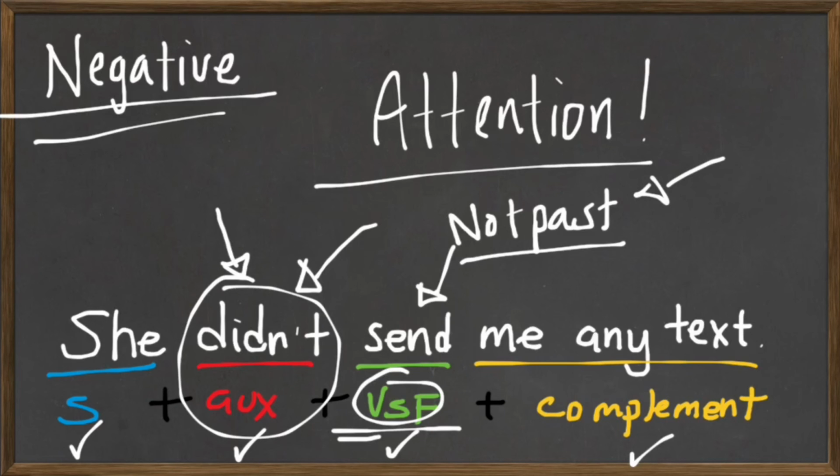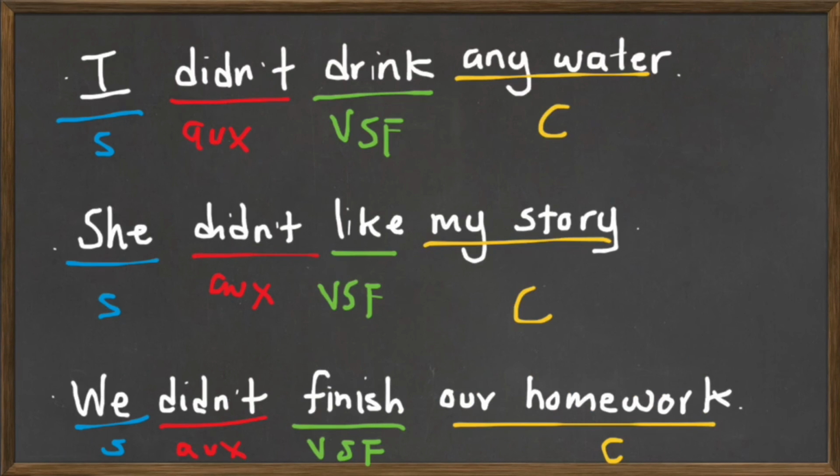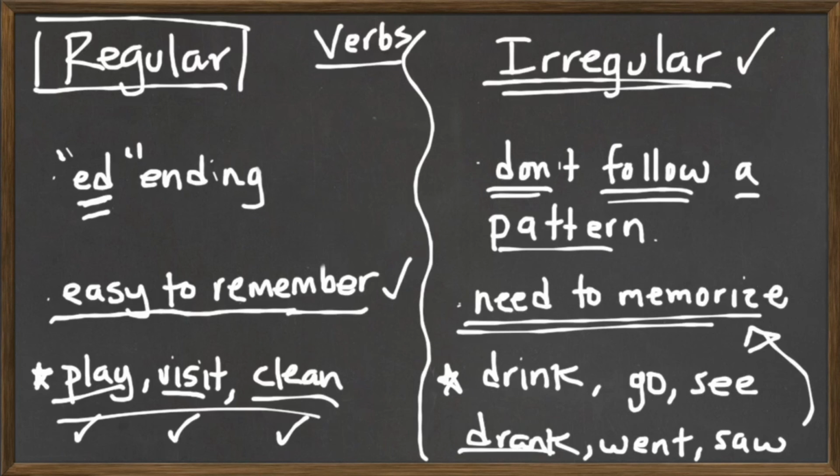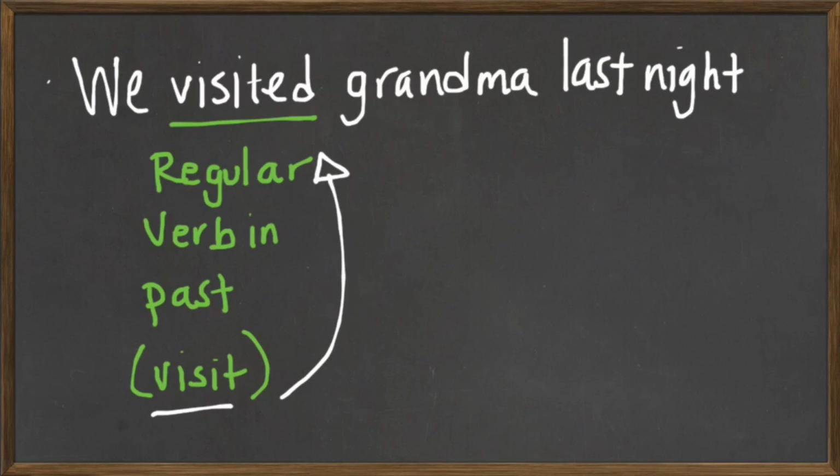Why? Because we have the presence of our good friend didn't. Regular verbs have an ed ending. They are easy to remember, and there are some examples here. Irregular verbs don't follow a pattern, while it's very important or necessary to remember them by memorizing them. And here we had some examples too.